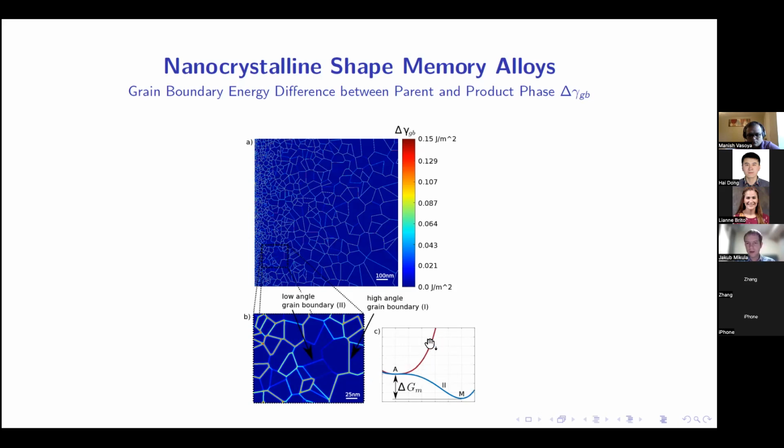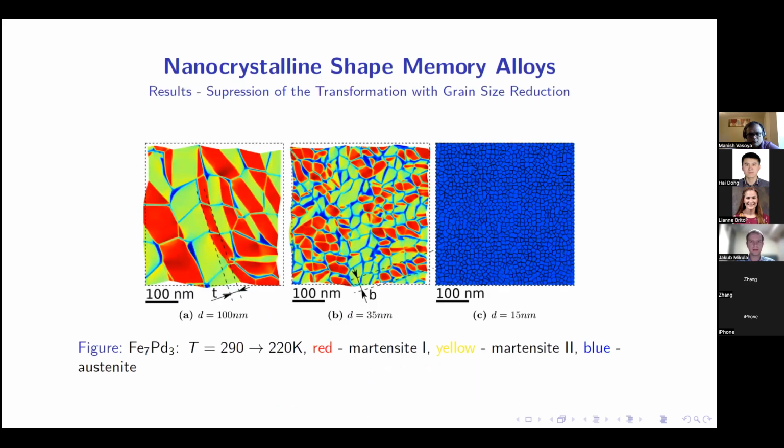So from a double well we get a single well, where only the austenite can exist at that particular temperature, unless we decrease the temperature even more. So here we get suppression of the phase transformation, and the grain boundary would remain in the austenite phase, while the remaining grain could potentially transform into the martensite. This is the implementation of the grain boundary energy penalty.